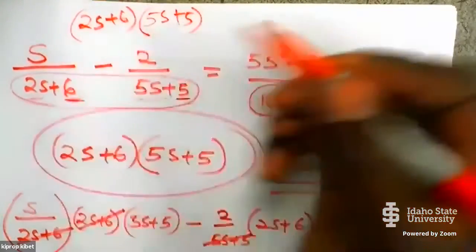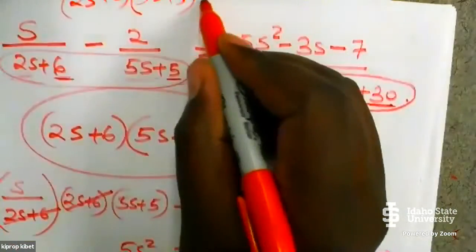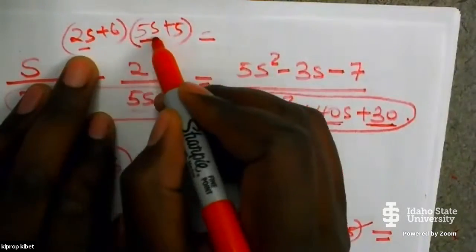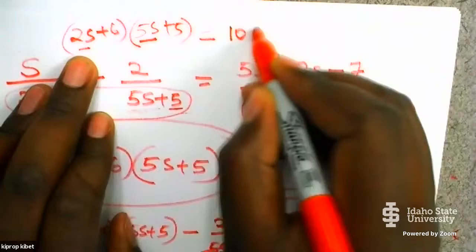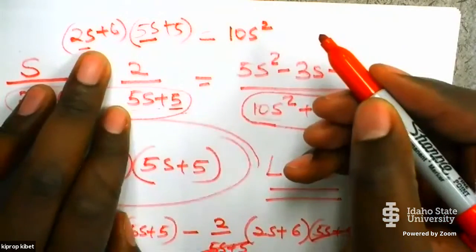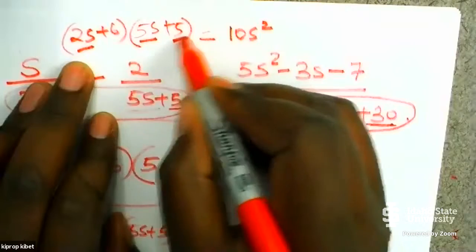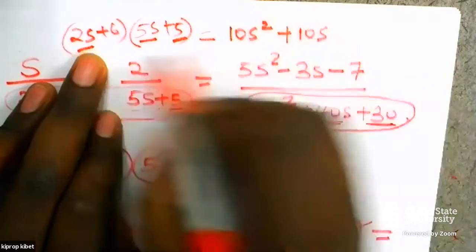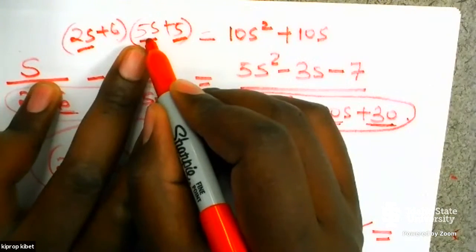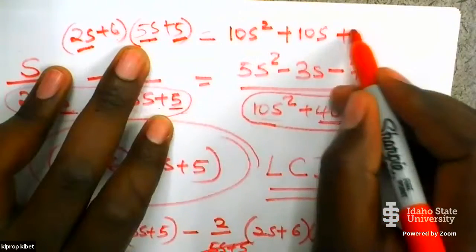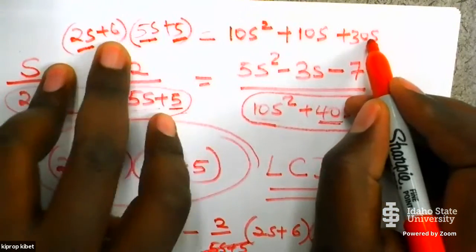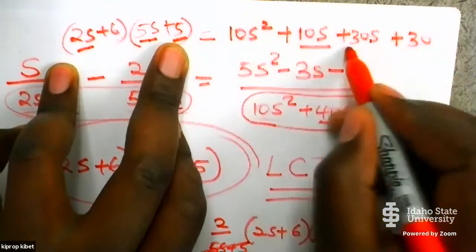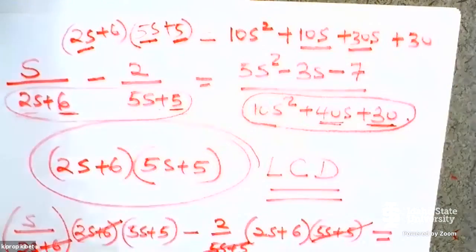First of all, when you open that bracket, 2s times 5s you get 10s squared, right? 2s multiplied by 5, you get plus 10s. 6 times 5 is 30, plus 30. This and this is 40, so you get 40s.